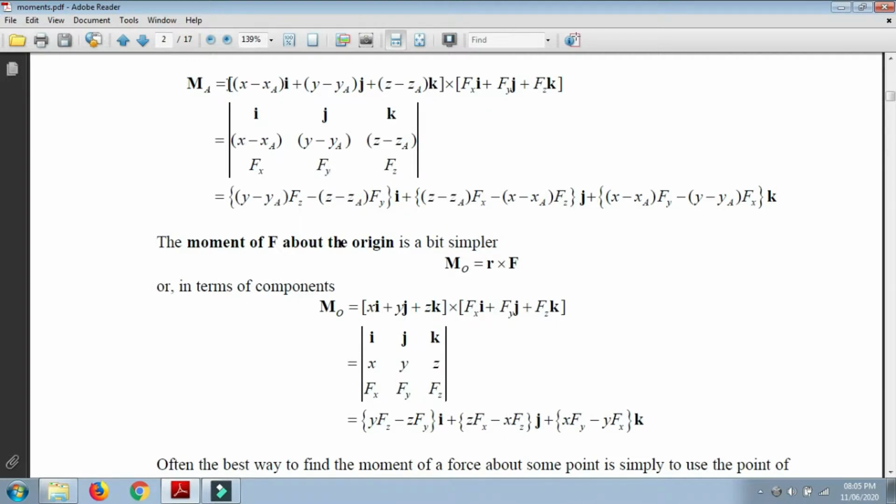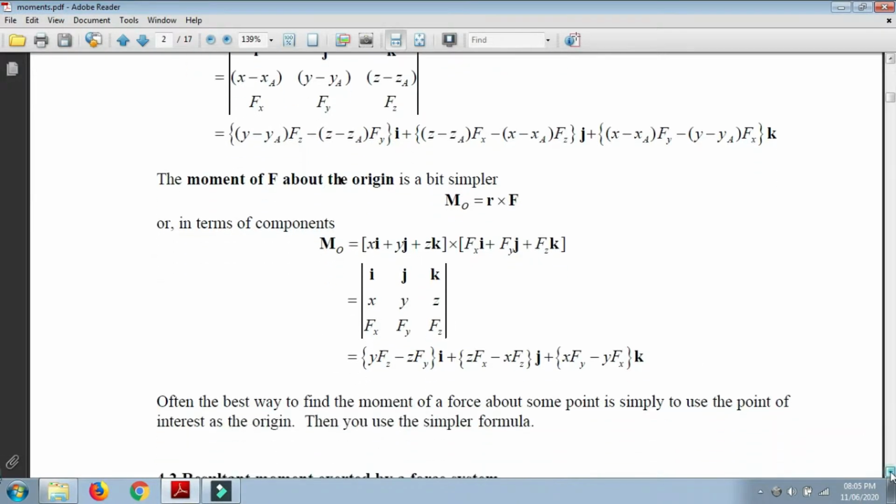When we say about the origin, xa, ya, and za all vanish, so it is very simple. M naught equals this determinant, and simplifying it you get (y Fz minus z Fy) i plus (z Fx minus x Fz) j plus (x Fy minus y Fx) k.